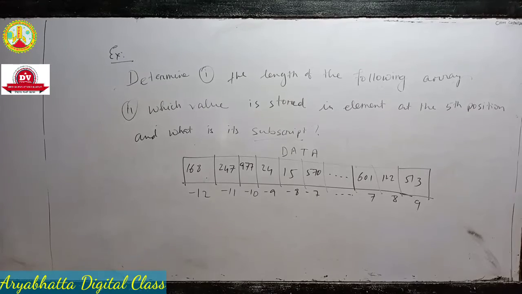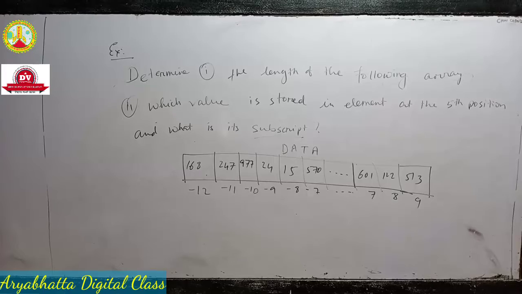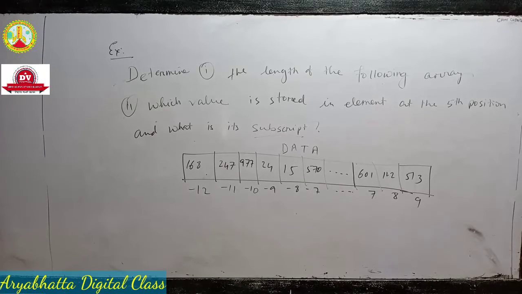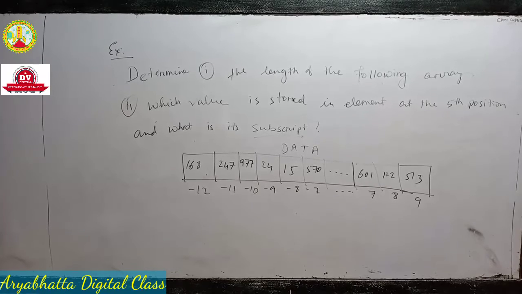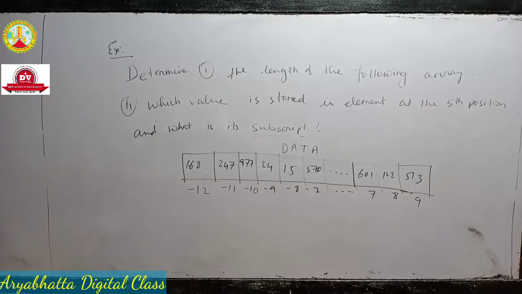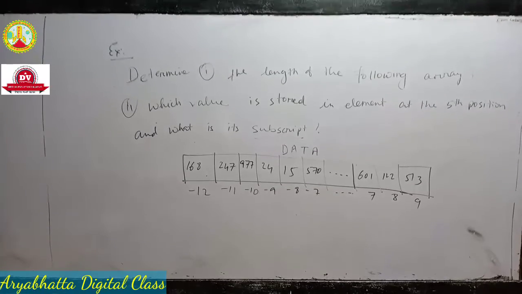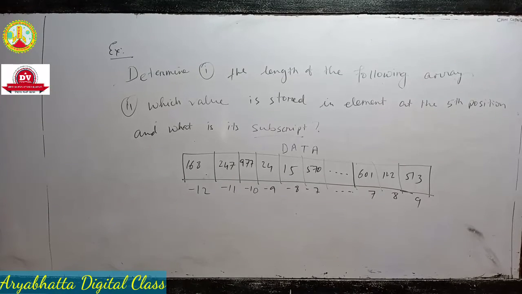This is the array which has different integer values. The data type is INT, meaning all are INT values, and below is the subscript, the index, from minus 12 to plus 9: minus 12, minus 11, minus 10, minus 9, and so on, minus 6, 5, 4, then 0, 1, 2, 3, 4, 5, 6, 7, 8, 9.